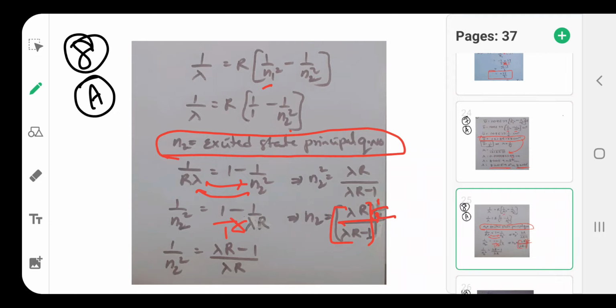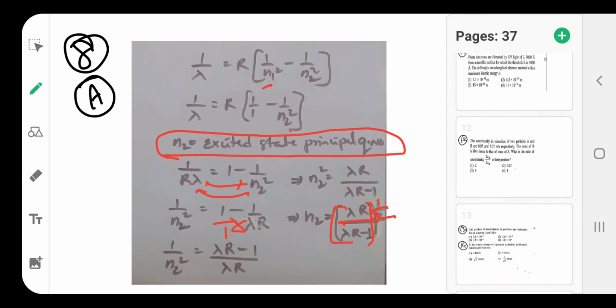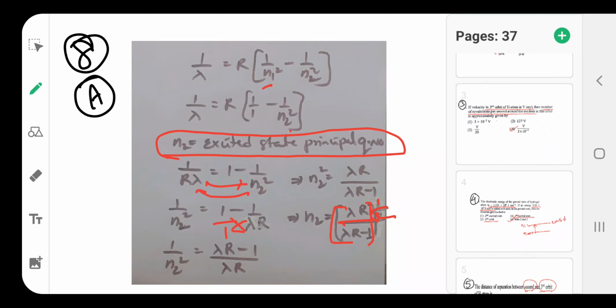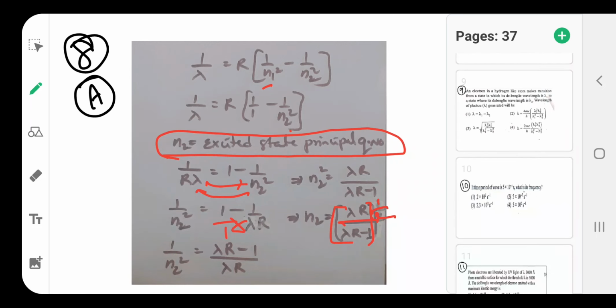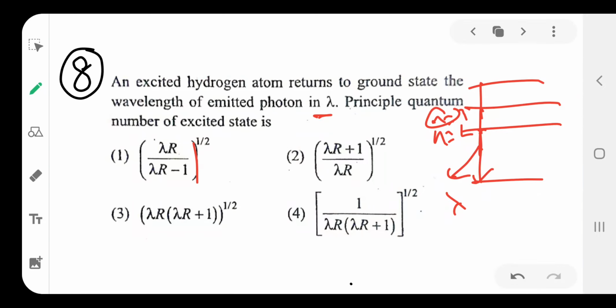So that is the n2 value, the principal quantum number of the excited state. The option is lambda R divided by (lambda R minus 1) power 1 by 2.